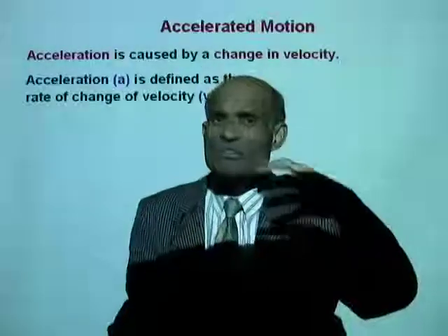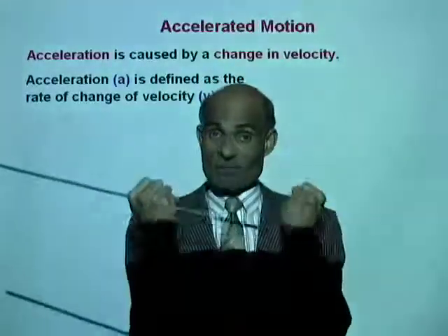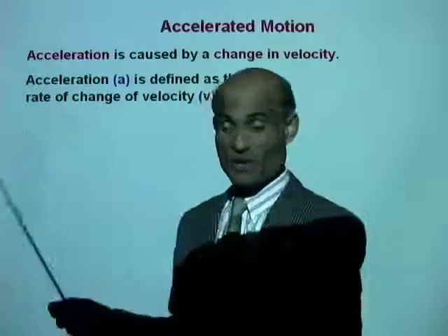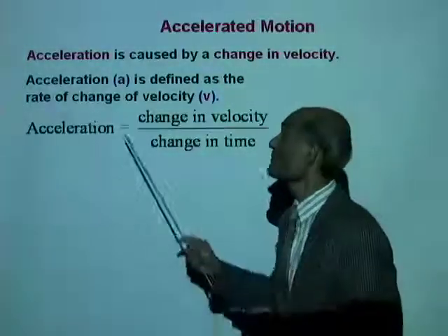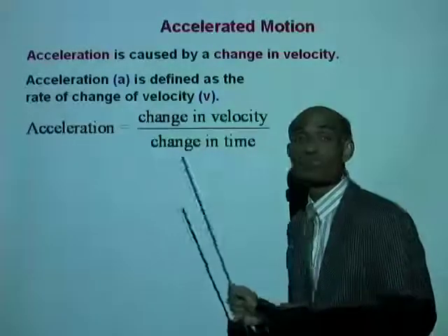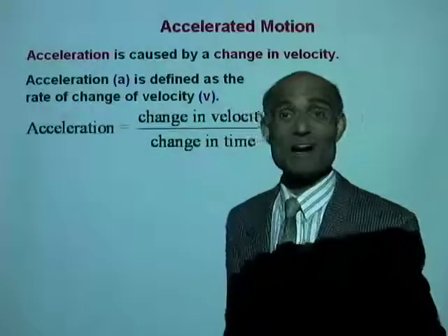What is the meaning of rate of change? Rate of change is change divided by time. So how would you write an equation for acceleration? Acceleration equal to change in velocity divided by change in time.